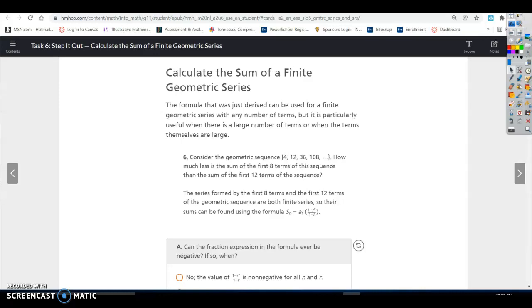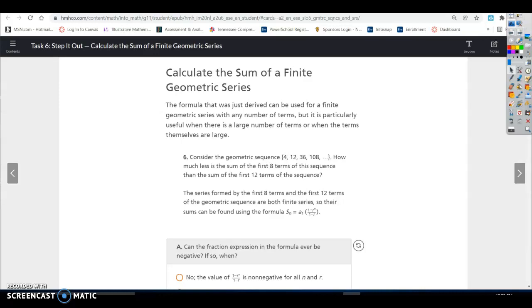Lesson 13.3, task 6. Calculate the sum of a finite geometric series. The formula that was just derived can be used for a finite geometric series with any number of terms, but it is particularly useful when there is a large number of terms or when the terms themselves are large.